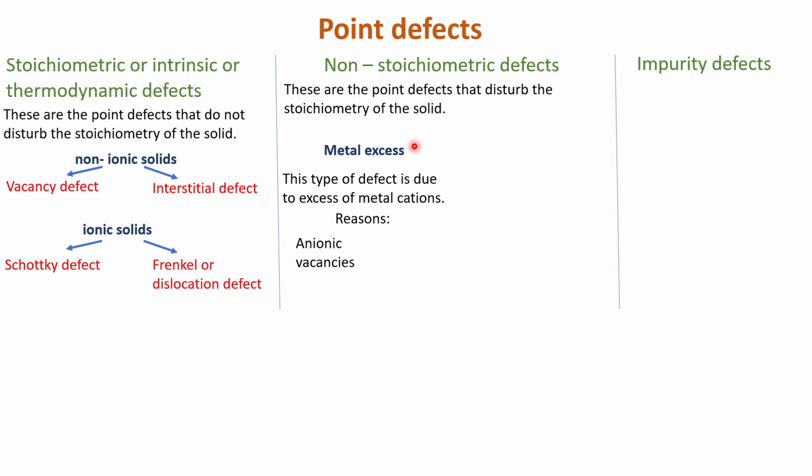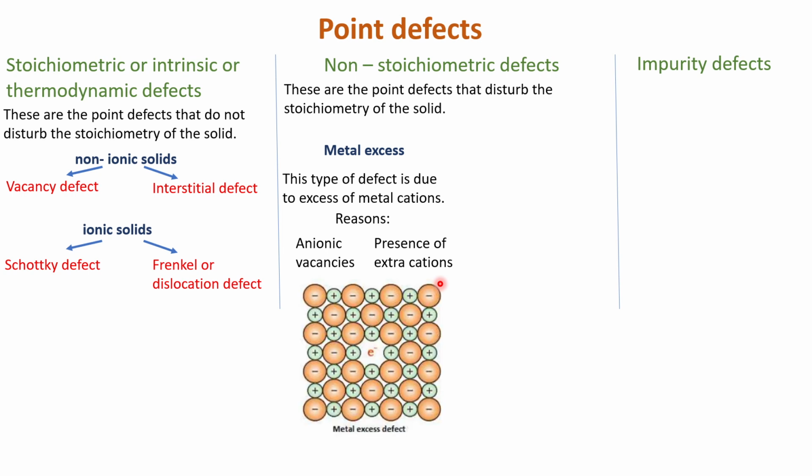The reason is anionic vacancy. How will the number of metals be more? If anions are lost, there is an anionic vacancy, or there is the presence of some extra cations. These are the only two ways where the number of cations will be increased in the solid. As you can see here, the minus charge shows the anions, and the positive charge shows the cations.